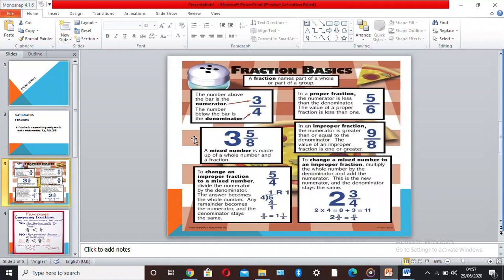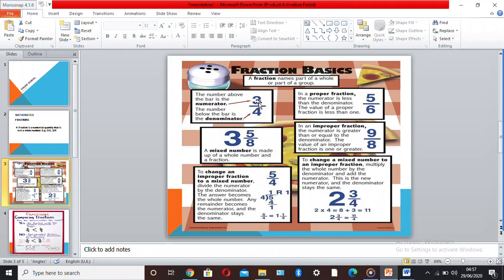A fraction names part of a whole or part of a group. The number above in a fraction is called the numerator. Can you see this fraction? We have 3 over 4. The number 3 is the number above, and it is the numerator.